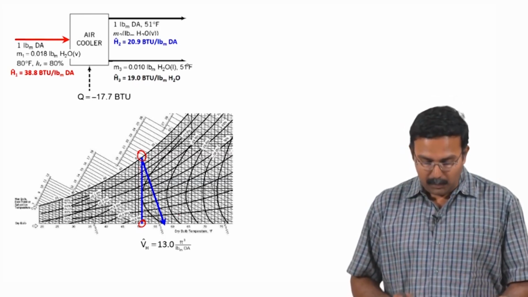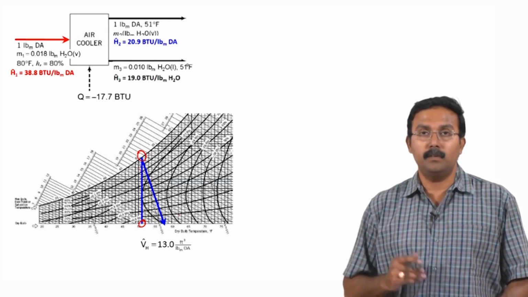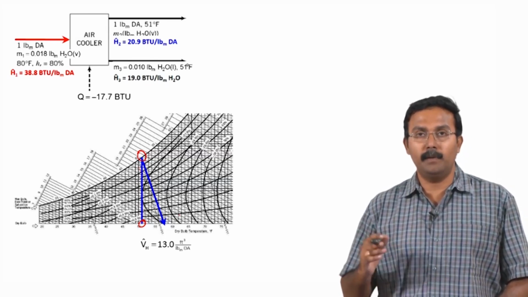Now that we have this value, we need to identify how much heat needs to be removed for 1000 feet cube of humid air to be produced. So what we have is 17.7 BTU should be removed to produce 13 feet cube of humid air. Now we want to produce 1000 feet cube. So how much heat needs to be removed?